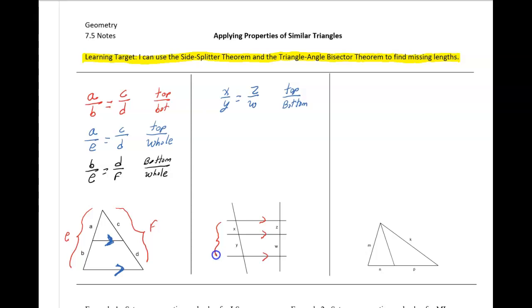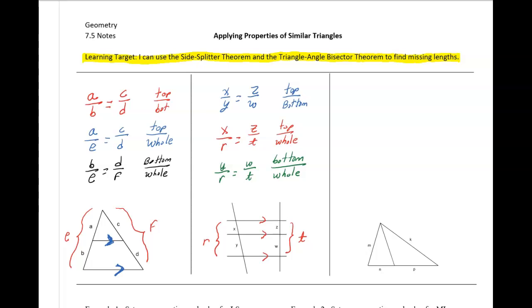If I were to add r and t, we could say x over r is equal to z over t. So the top piece to the whole are equal. And in fact, you could say y over r is equal to w over t, meaning the bottom piece over the whole are equal.